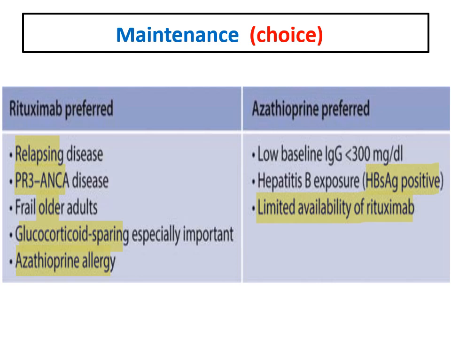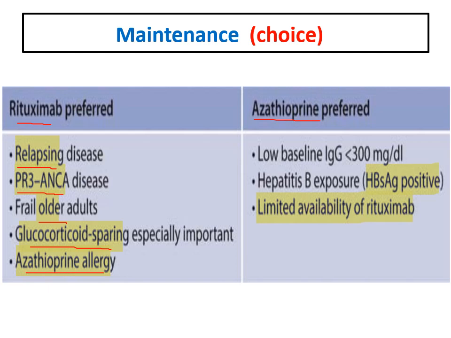Again, as we described in induction how to choose between rituximab and cyclophosphamide, here in maintenance, how to choose between rituximab and azathioprine. Rituximab will be preferred in relapsing disease, in patients with proteinase 3 positive, the elderly population, if steroid tapering is needed, especially in patients who are intolerant to steroids, or in patients with azathioprine allergy.